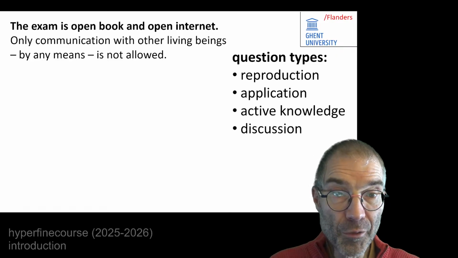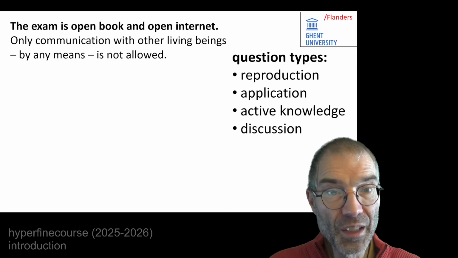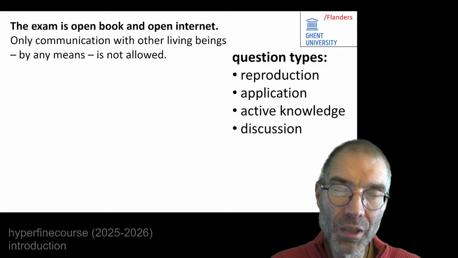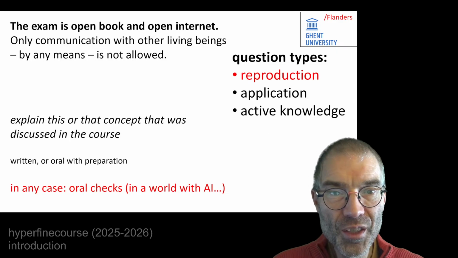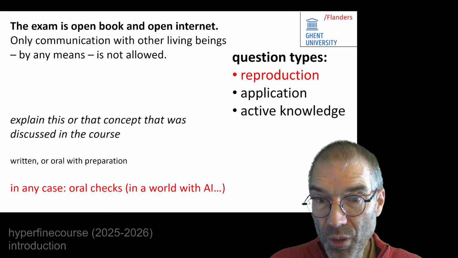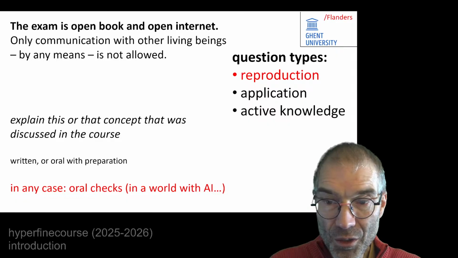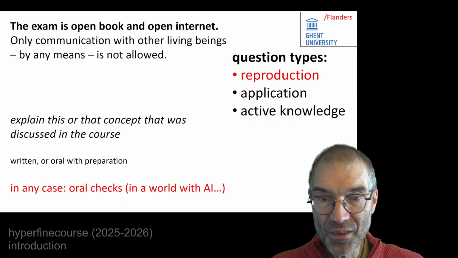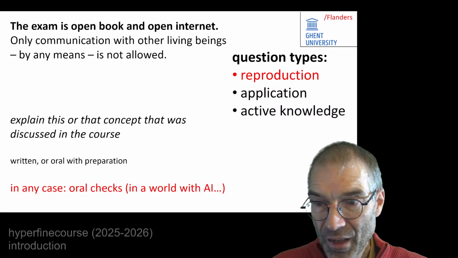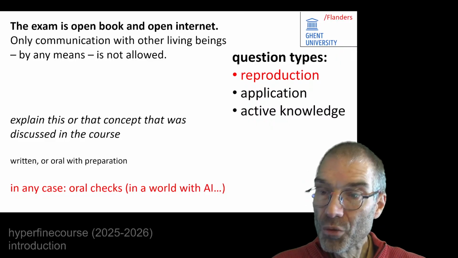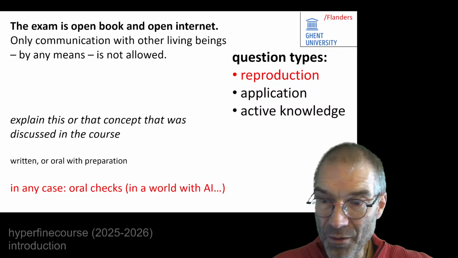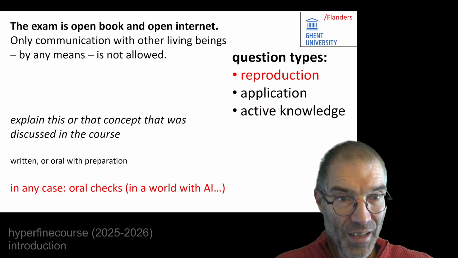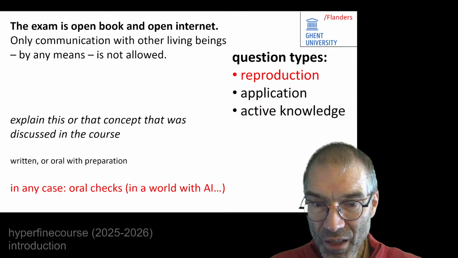There will typically be three different types of questions. Reproduction questions. You get one concept of the course and, explain that. And you have the course with you. It's written. So, that is an easy type of question.